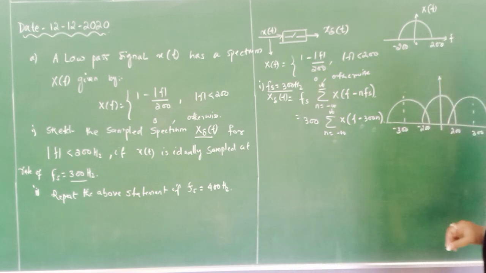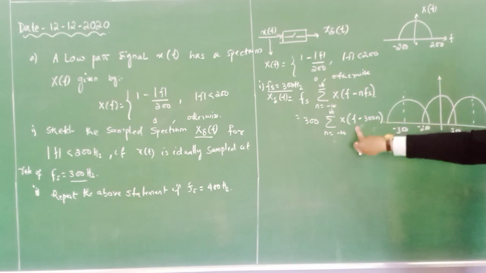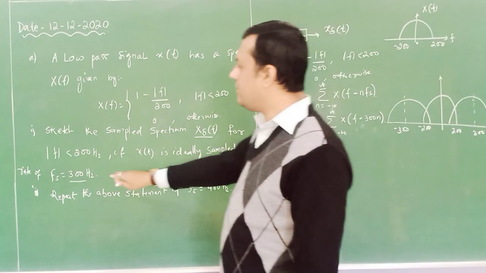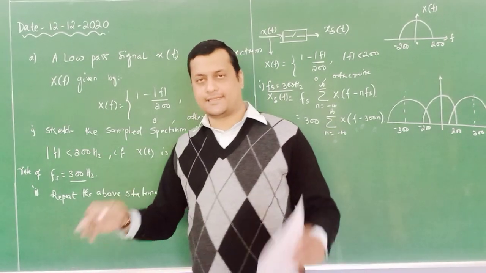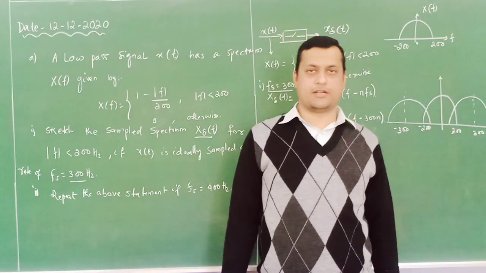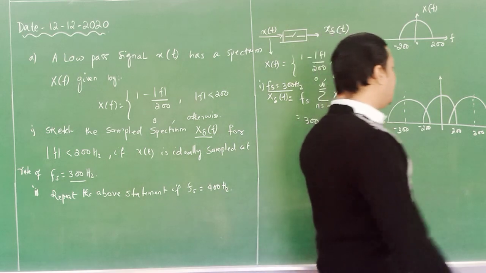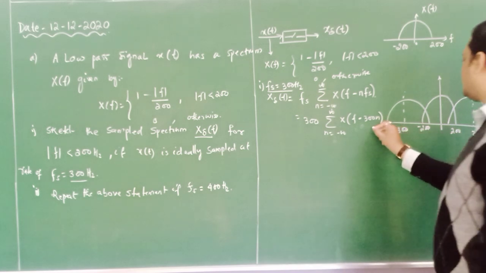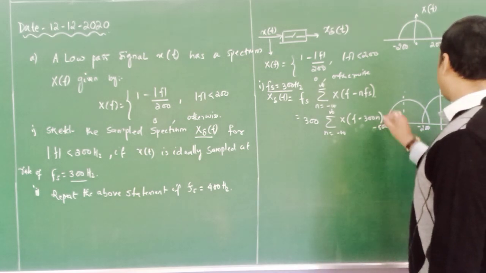So why have I drawn this one? Because this is the 300. First I am considering the n equal to 1 point, because as it is given, mod f is less than 200. So that is the bandwidth of the particular modulating signal, and it is shifted. So here you can see that it is around 500 and this is minus 500.